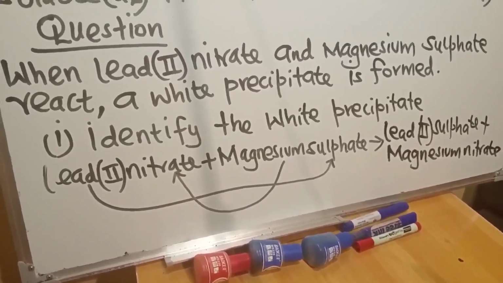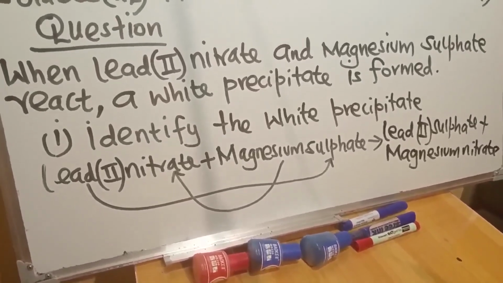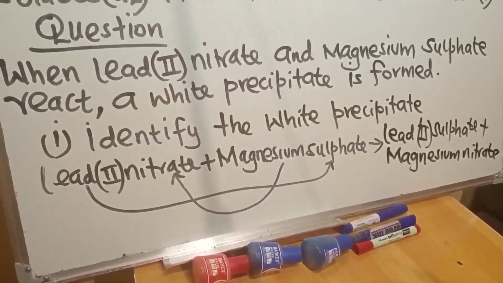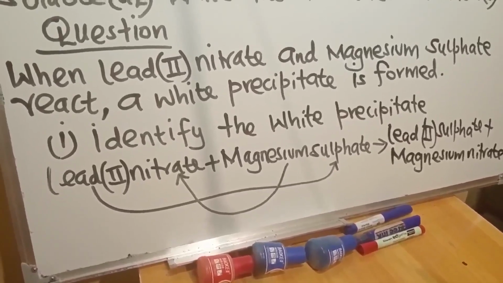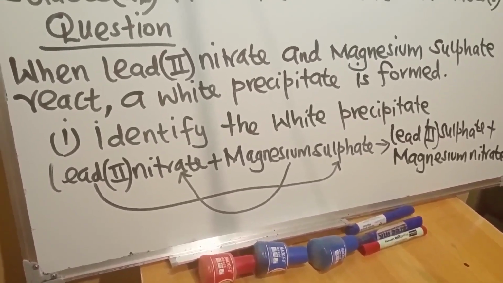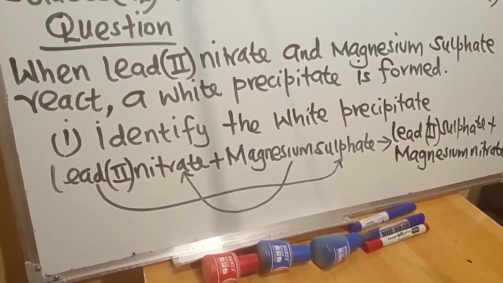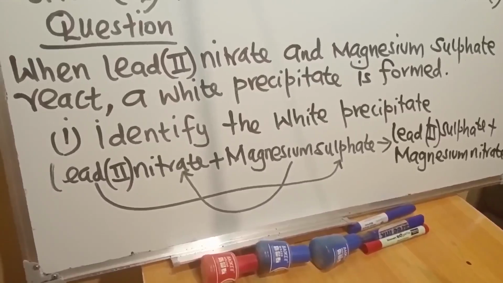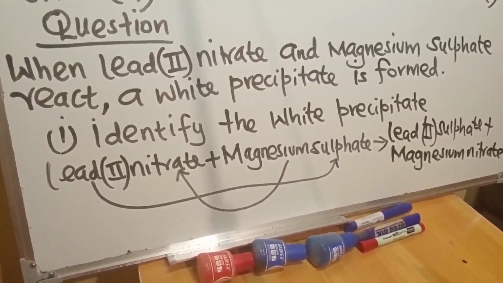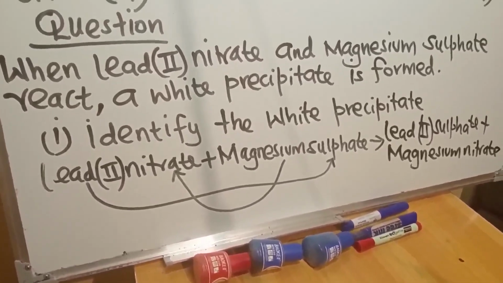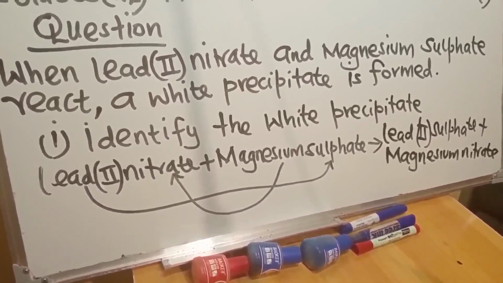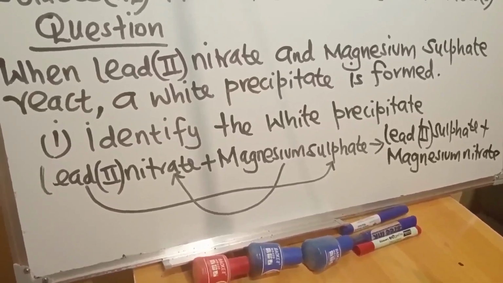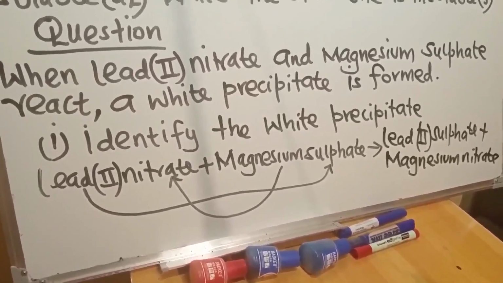When we go to the sulfates, we say that all sulfates are soluble except barium sulfate, lead 2 sulfate, and calcium sulfate, which is slightly or sparingly soluble. So you see that among the sulfates, we have mentioned lead as one of the salts which is not soluble, meaning it is insoluble.